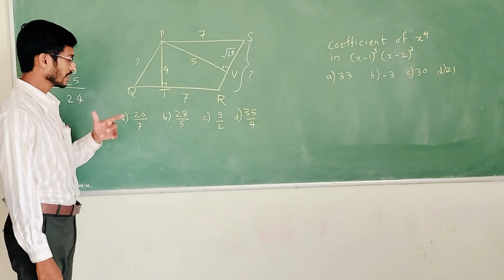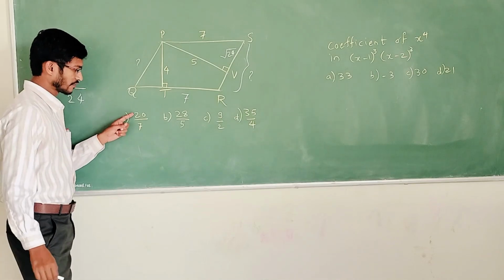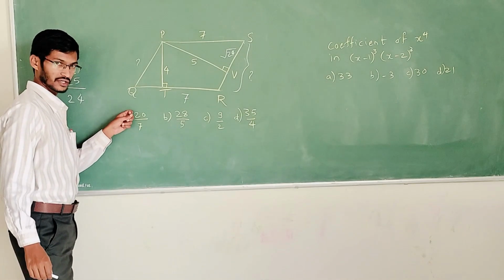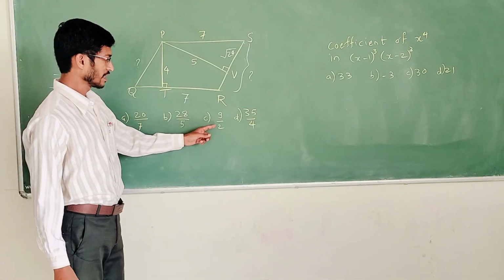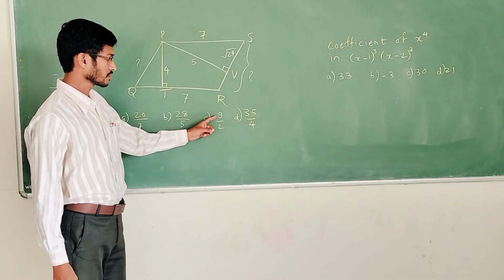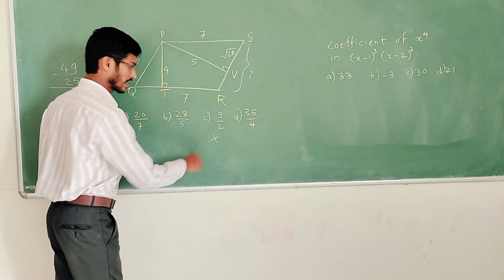So if I calculate this, it is less than 3, because 21 is 7 times 3, so it is less than 3. Now if I check this one, it is just 4.5. Okay, so these two options are not correct.